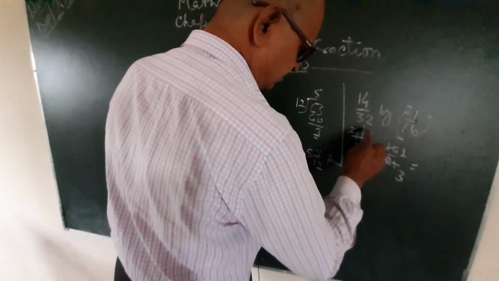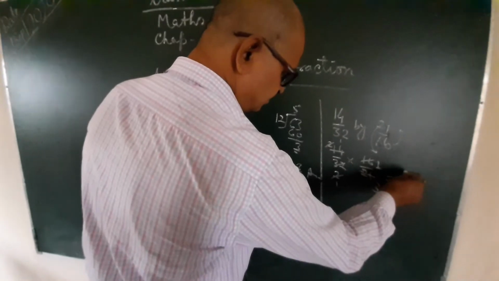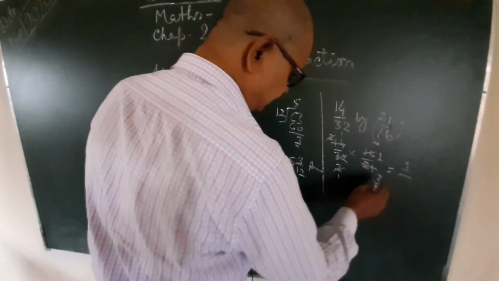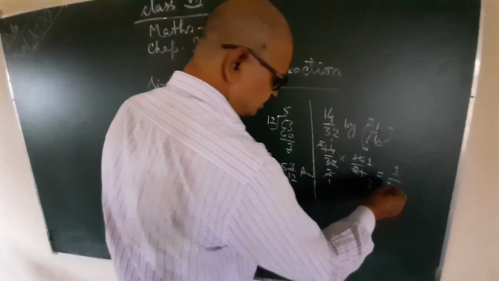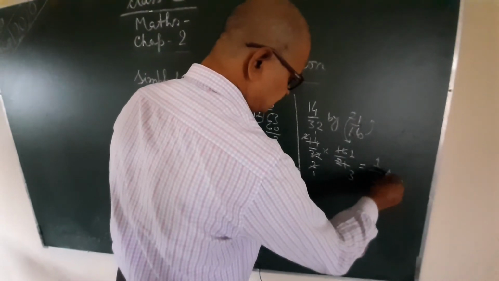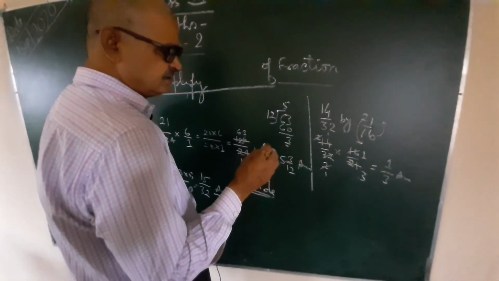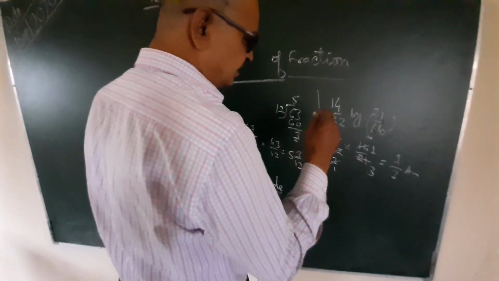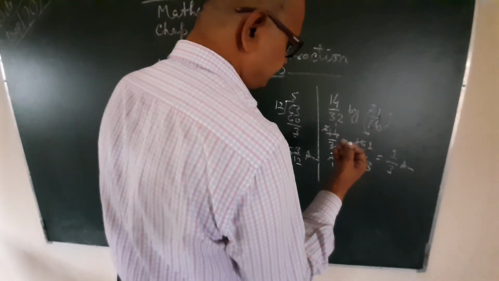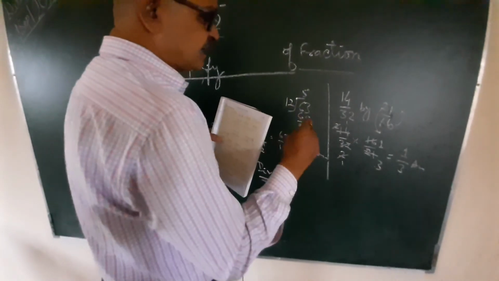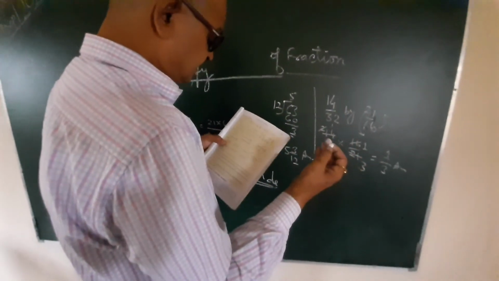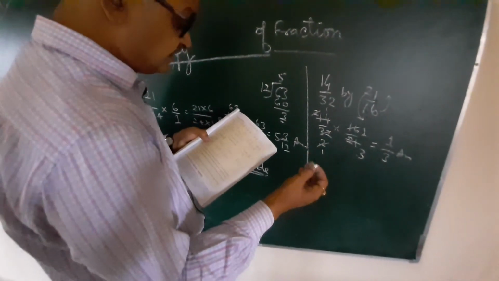Means 1 into 1, 1 and 3 ones are 3, that is the answer of divide. When we divide, the left side is the same and the right side will change. Next question we can see.